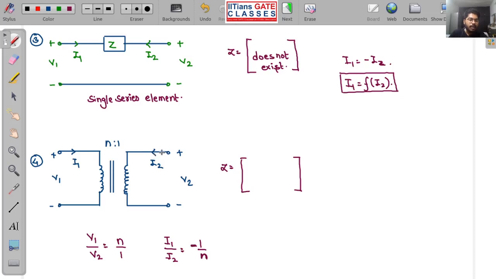In a normal transformer, the output current is in the usual direction, and we have I1 by I2 equal to 1 by N. But here my output current is in this direction, so that is why minus 1 by N. Make a note of this. Whenever you are dealing with this, you have to be extra cautious. Here also you can see I1 and I2 have a direct relationship, so the Z parameter doesn't exist. Z parameter will not exist for a transformer circuit.